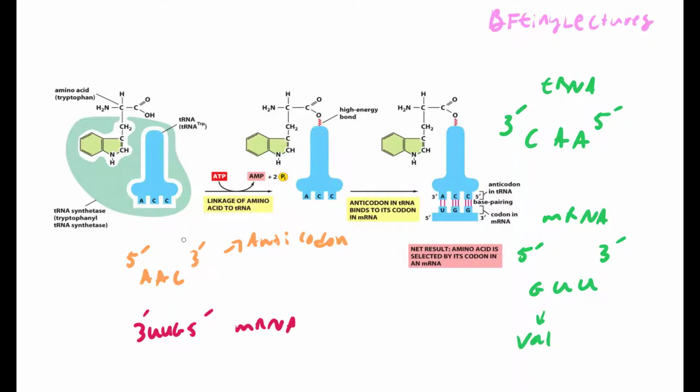So never ever read the anticodon from 5' to 3'. That's wrong. Don't do that. Instead, read the anticodon from 3' to 5'. Right? So you can think of anti as antagonist. It's the opposite of what you would expect. You would expect to read it from the 5' to 3', but really you read it from the 3' to 5', and then you make the complementary strand of mRNA.